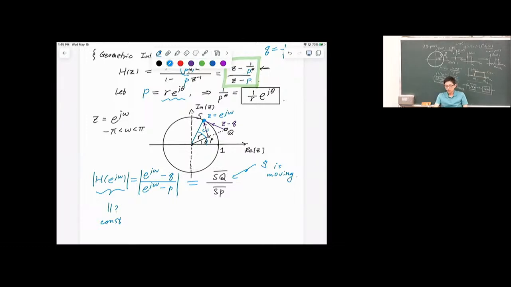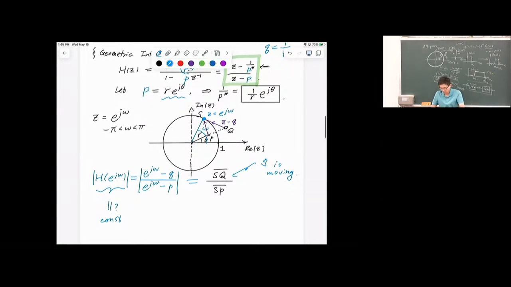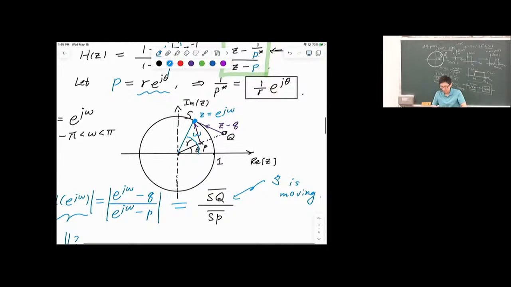So can we see that now, I invite you to look at this figure and tell me that there are two triangles.